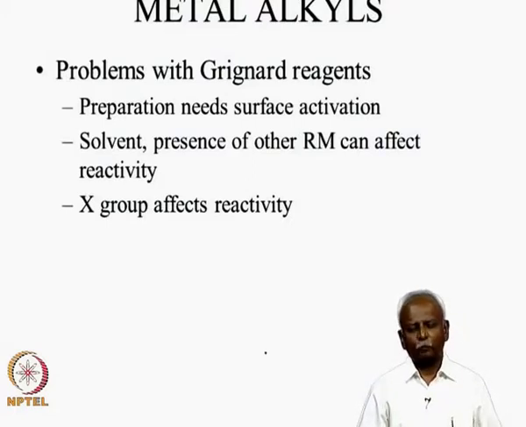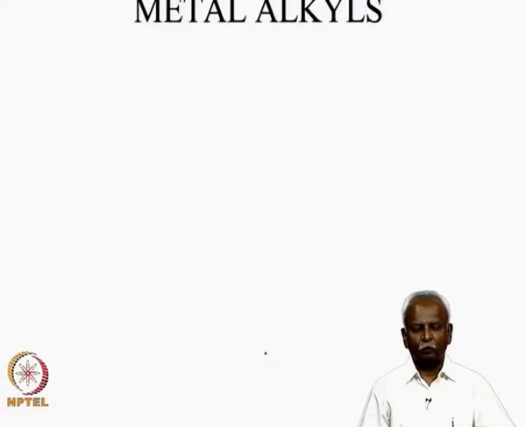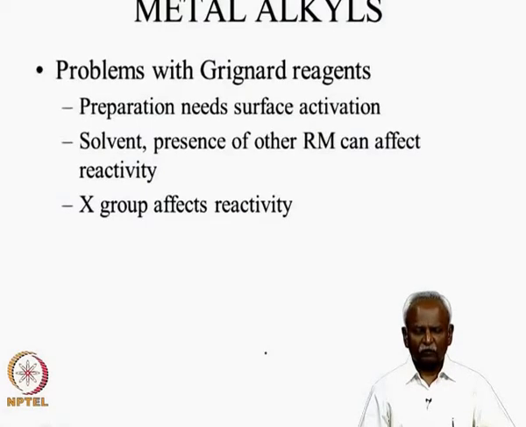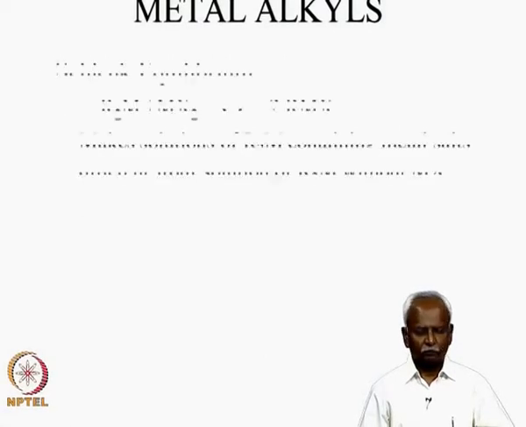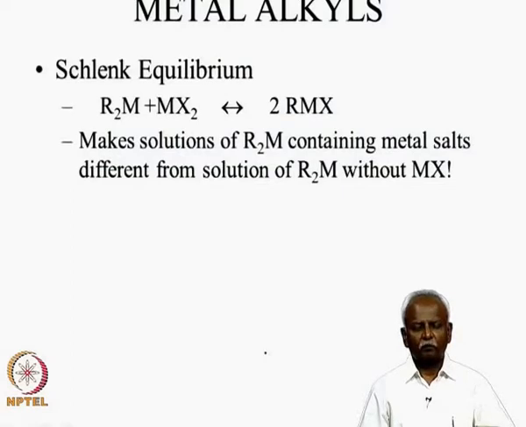And as I have told you earlier, the X group affects the reactivity of the Grignard reagent as well. So, now let us look at the other problems which are associated with Grignards.